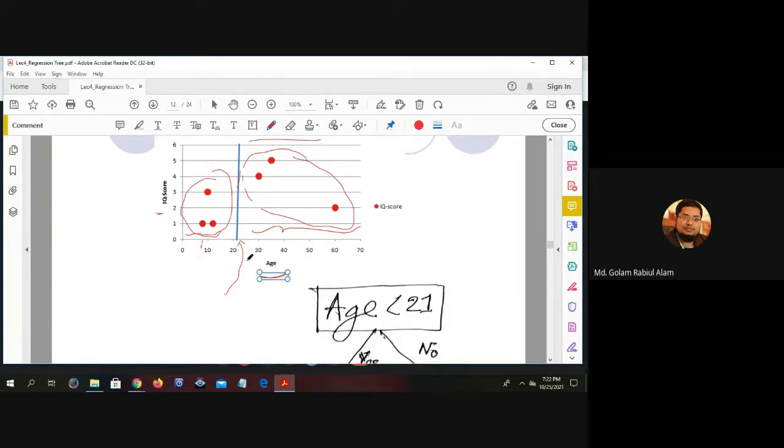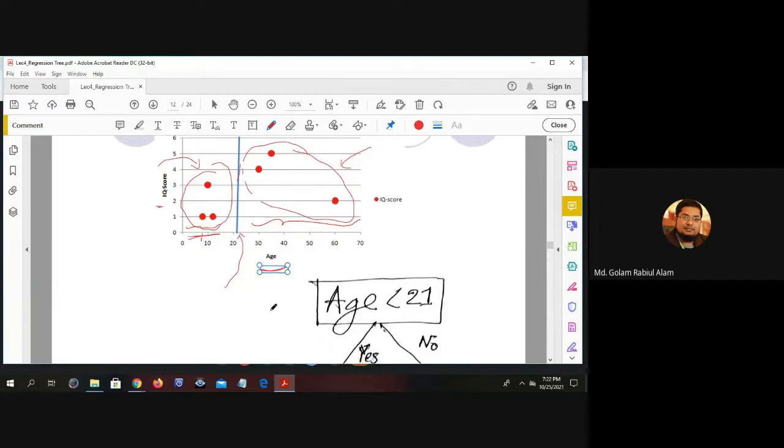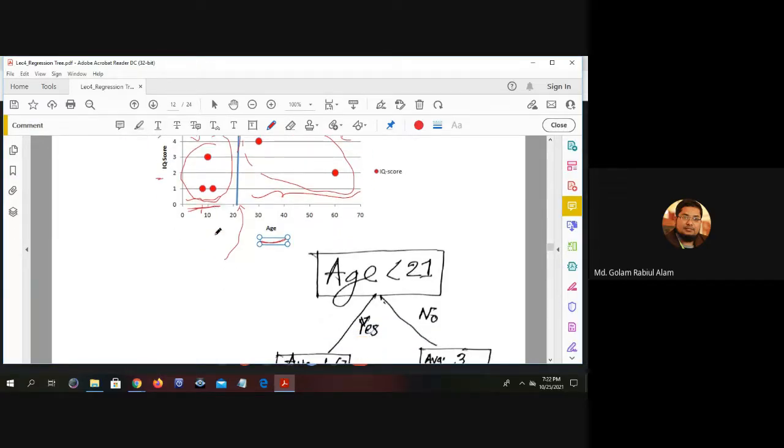Okay. So now, again, we have to consider this part and also the other part. This part, that means these three instances, will be on the left side. Okay? That means age less than 21, and these are age greater than 21.